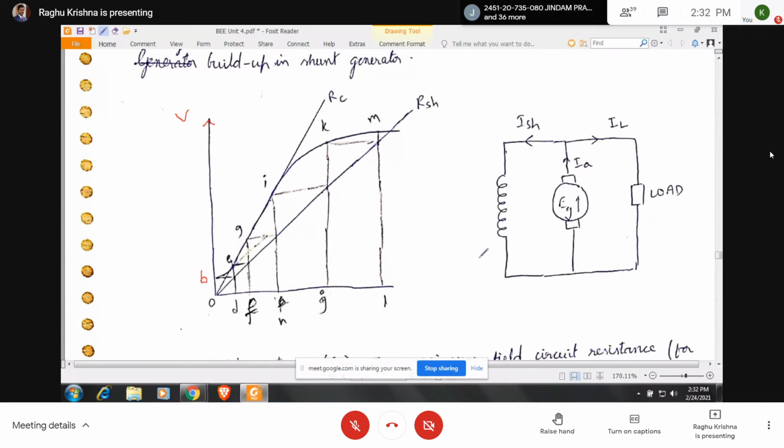Let us take the small voltage as OB. OB is the voltage generated due to residual flux. Due to this voltage, you are going to have some field current, ISH. Now ISH is equal to OD.